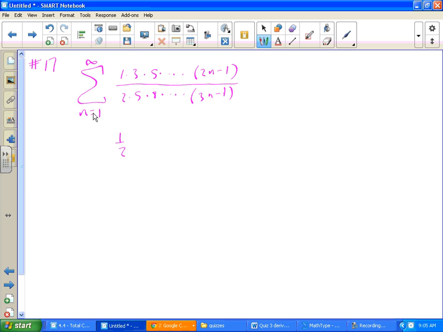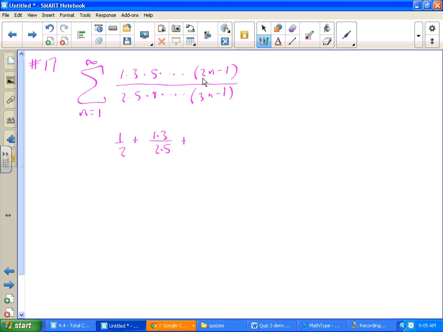Then the next one, if I plug 2 in, I would get what? 3 and 5, right? But what I'm doing is I'm taking 1 times 3, so that's why it has this piece in the front. It's not just this like you're thinking, okay? So it's 1 times 3, and then the bottom is 2 times 5.